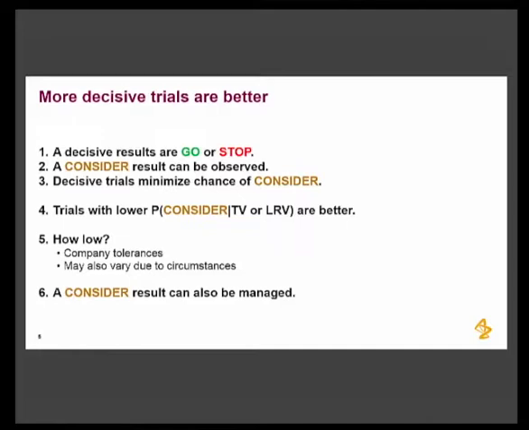So what you're willing to call a sufficiently minimized trial is dependent on your internal conventions. Your governance boards, your company willing to spend money to actually get to that next experiment, will expect that trials are designed in a certain way to minimize that consider probability.